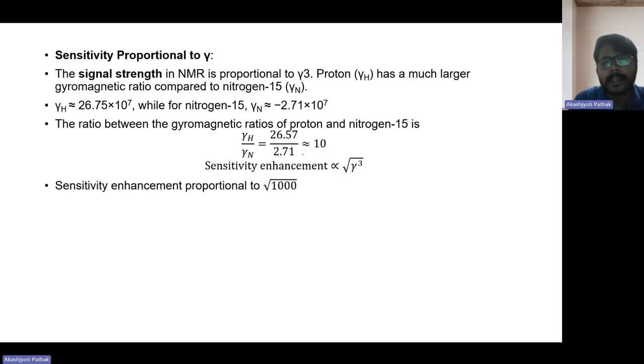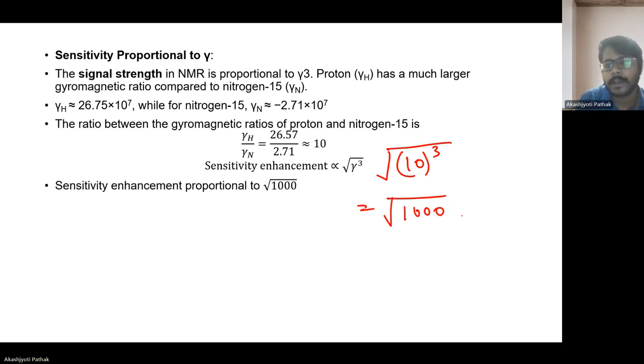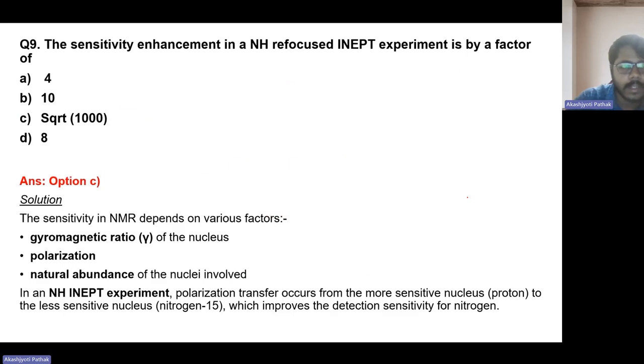The proton is 10 times more sensitive than nitrogen. So root of 10 cube, how much will it be? Equal to root 1000. So the correct option is option C.